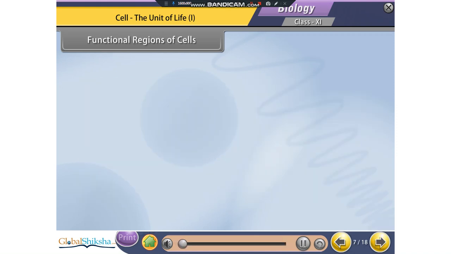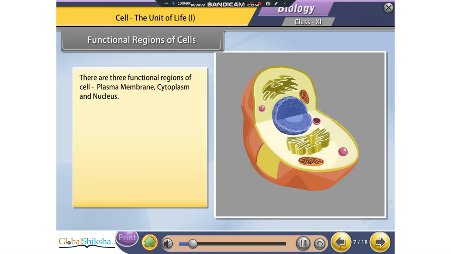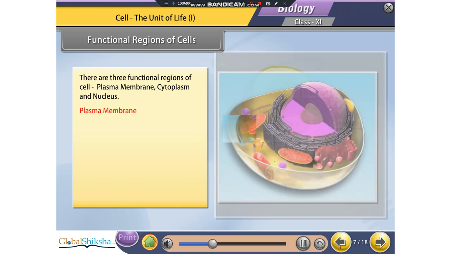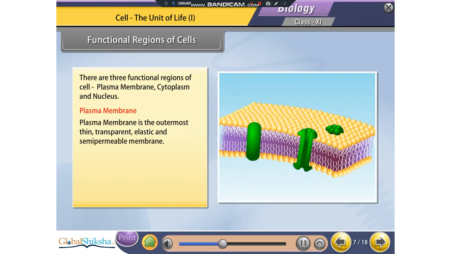Functional regions of cells. There are 3 functional regions of a cell: plasma membrane, cytoplasm, and nucleus. Plasma membrane. The plasma membrane is the outermost thin, transparent, elastic, and semi-permeable membrane.